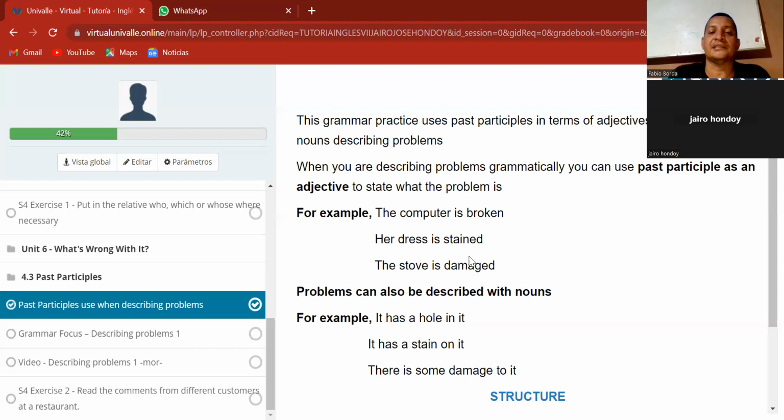Her dress is stained. The stove is damaged. Problems can also be described with a noun. For example, it has a hole in it. It has a stain on it, and there is some damage to it.